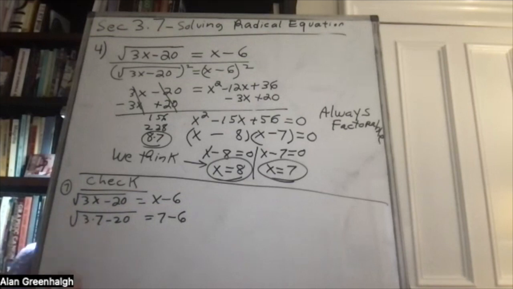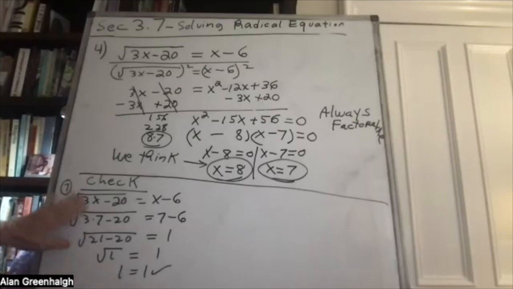The square root of 21 minus 20 equals 1. The square root of 1 equals 1. That definitely makes sense, and 1 is equal to 1. That works out very nicely. It checks, so you're pretty confident.